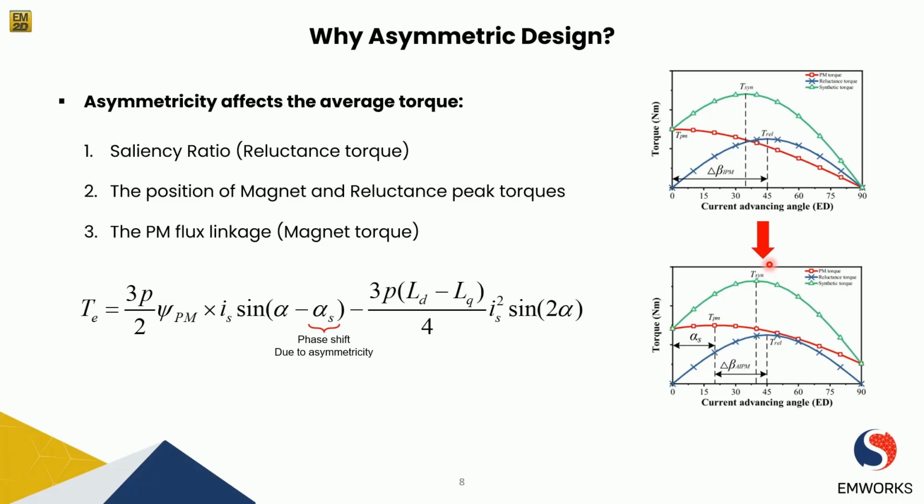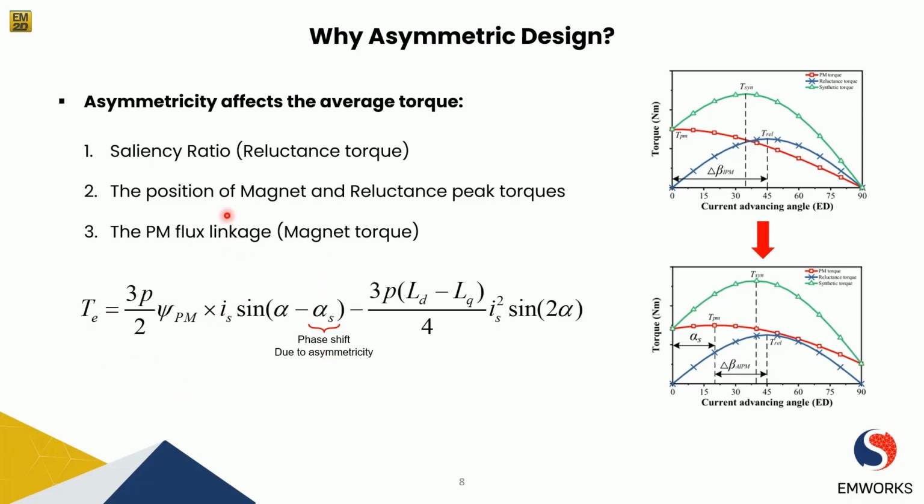But also we can change the PM flux linkage, because for instance in interior permanent magnet machines, by changing the barrier width or barrier length, the place where we put the magnets, we can also change the dimensions of the magnets, and as a result we can change the PM flux, directly affecting the magnetic part.